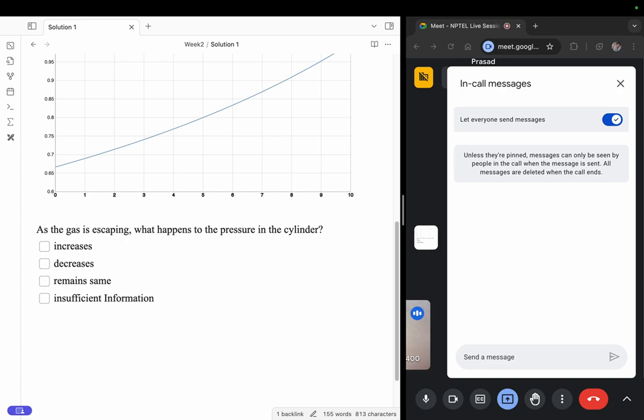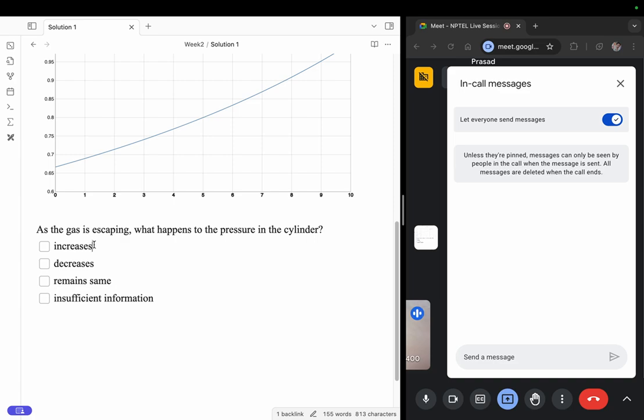So what can I say about the pressure inside the cylinder? Okay. So can I say the pressure increases inside the cylinder, or anything about?